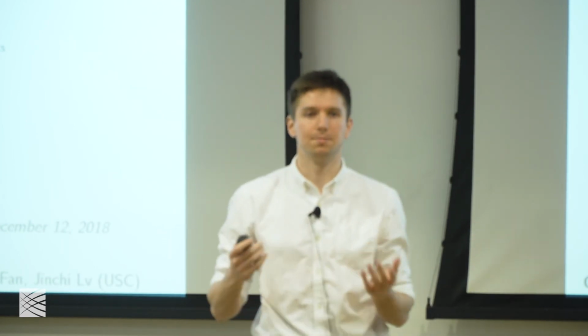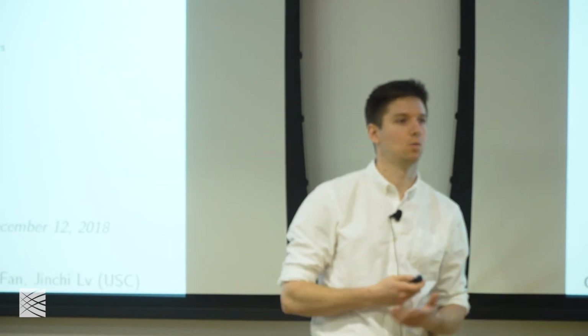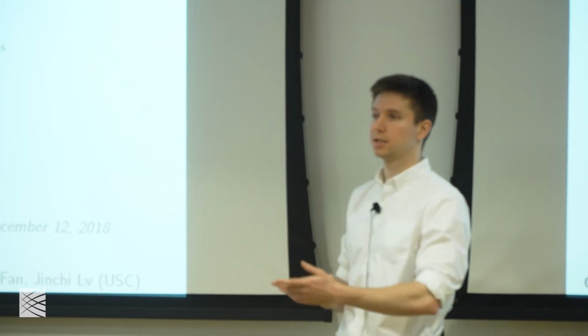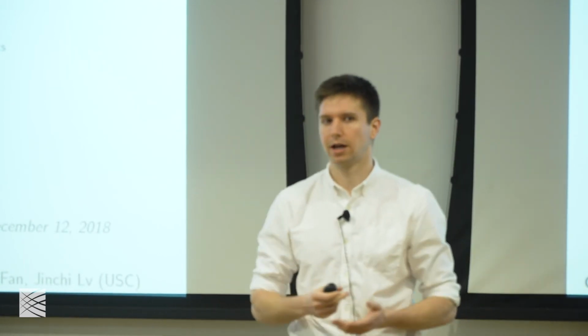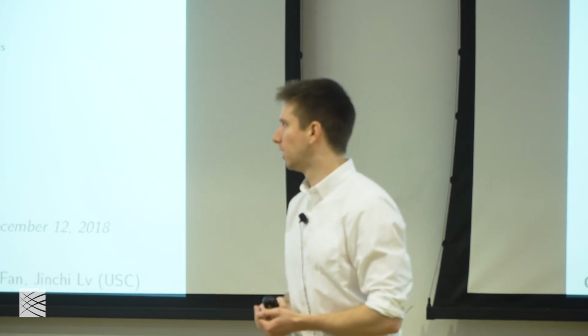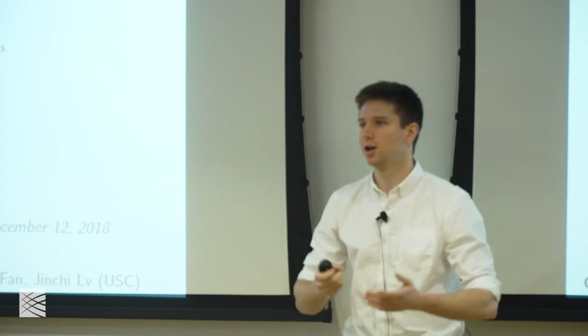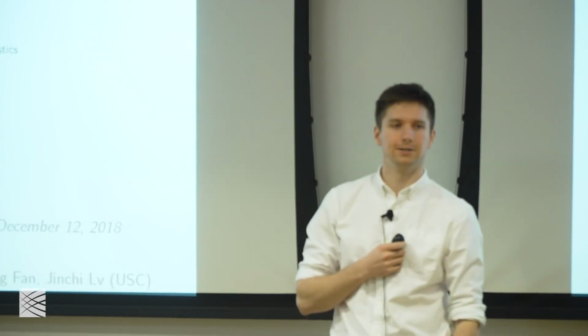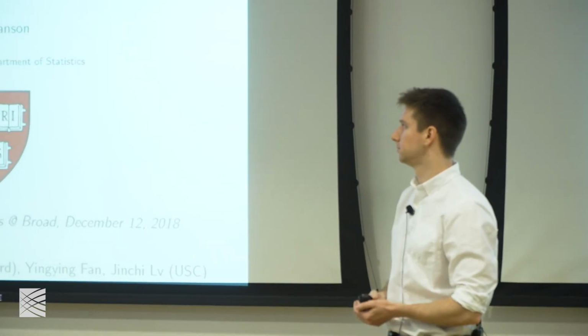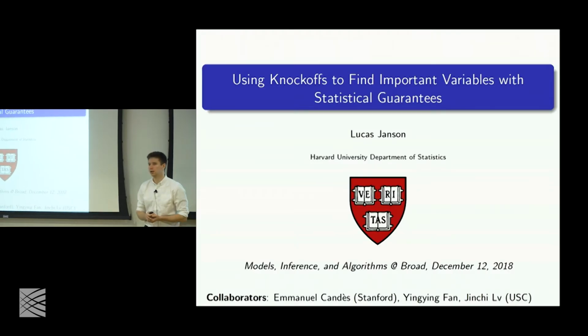I'm going to try and show you as many pictures and give you the intuition for what I'm doing and why it works. I'm going to talk a little bit about the application to GWAS at the end, but since I'm not a biologist, I don't want to spend too much time on that for fear of saying something wrong. So I hope that you can all imagine applying this method to your work and ask me questions and see why it should work for you. So let's get started.